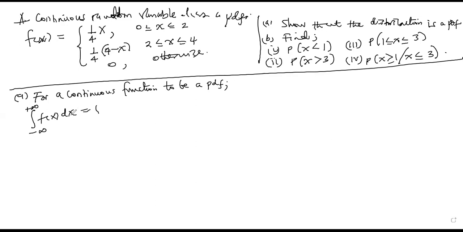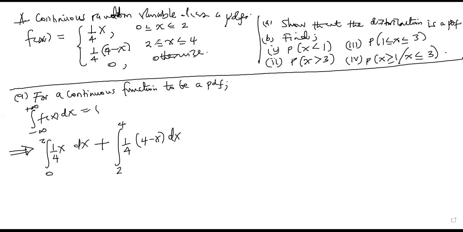I'll start from 0 to 2, so it would mean the integral of a quarter x dx from 0 to 2, plus the integral of a quarter times 4 minus x dx from 2 to 4.